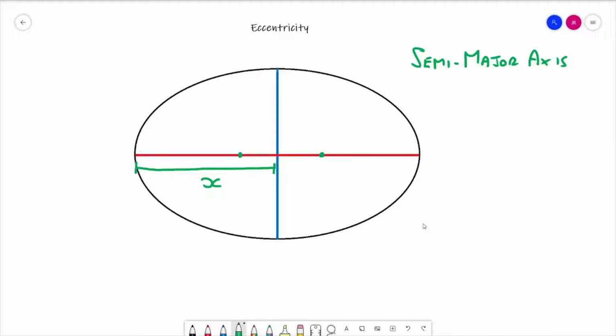I'm then going to look at how far the focus is from the centre. So we're going to define that distance there as e times x. So the semi-major axis is x, and then e is our eccentricity.